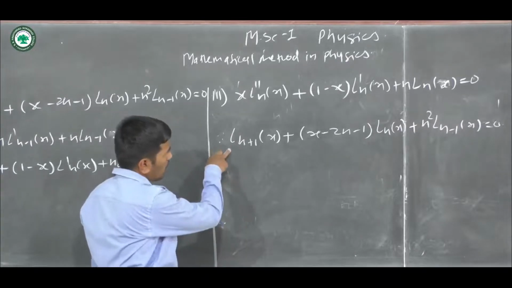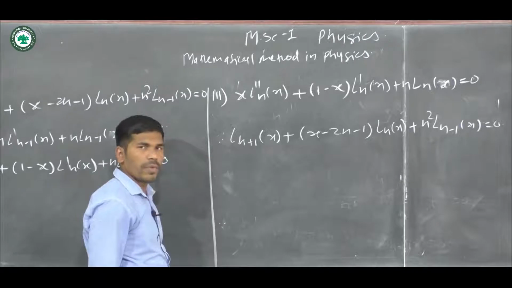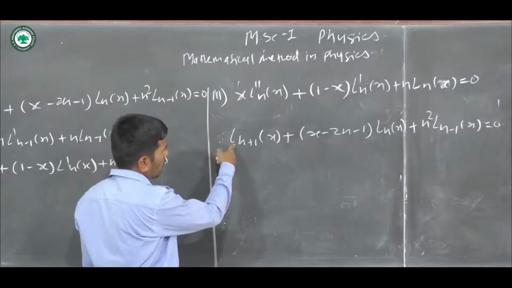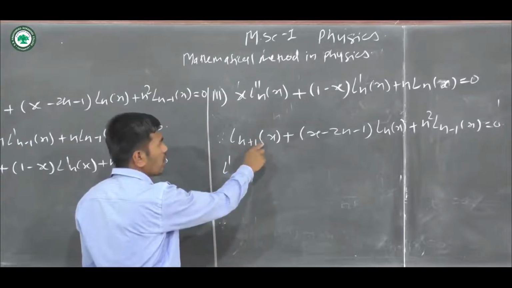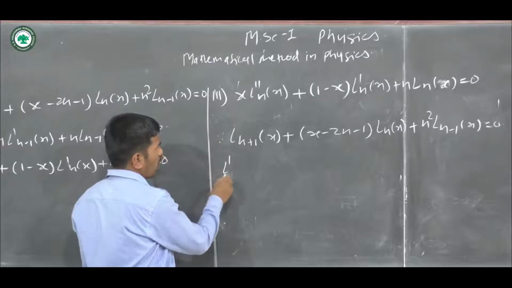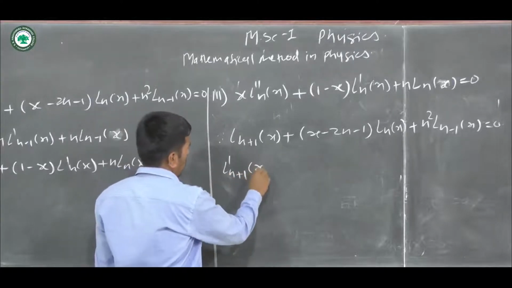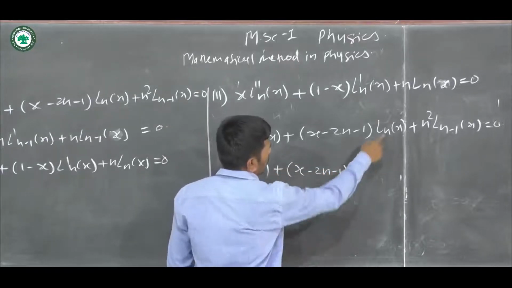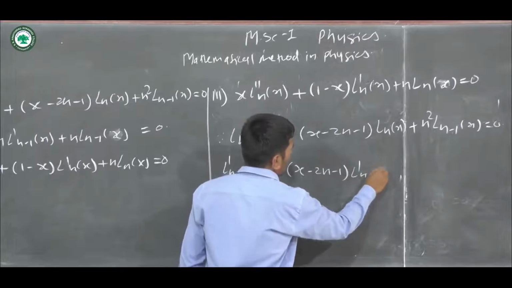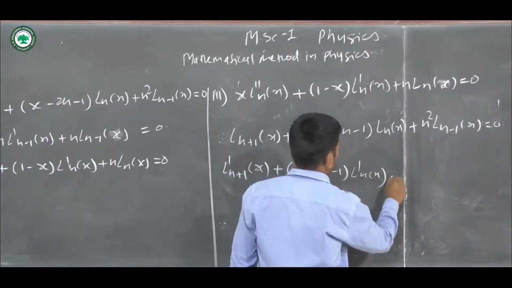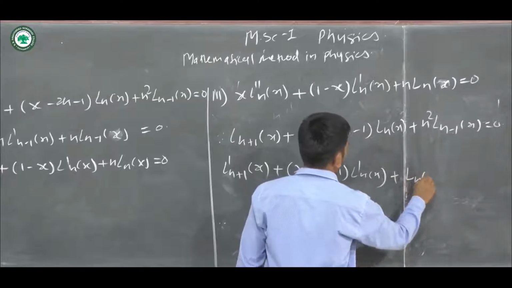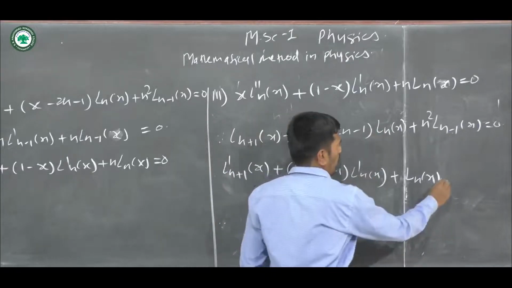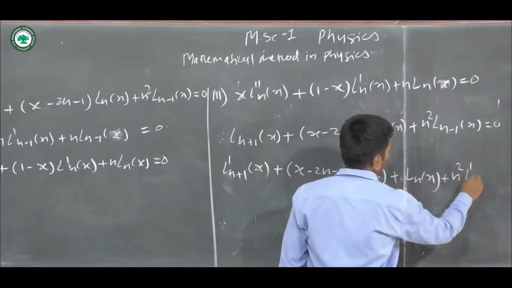Okay, so this first recursion relation, if I differentiate with respect to x, so it is L prime, because this L is a function of x and we are going to differentiate with respect to x. So L_{n+1}'(x) plus (x minus 2n minus 1) L_n'(x) plus L_n(x), after differentiating this, 1 into L_n(x), plus n square L_{n-1}'(x).